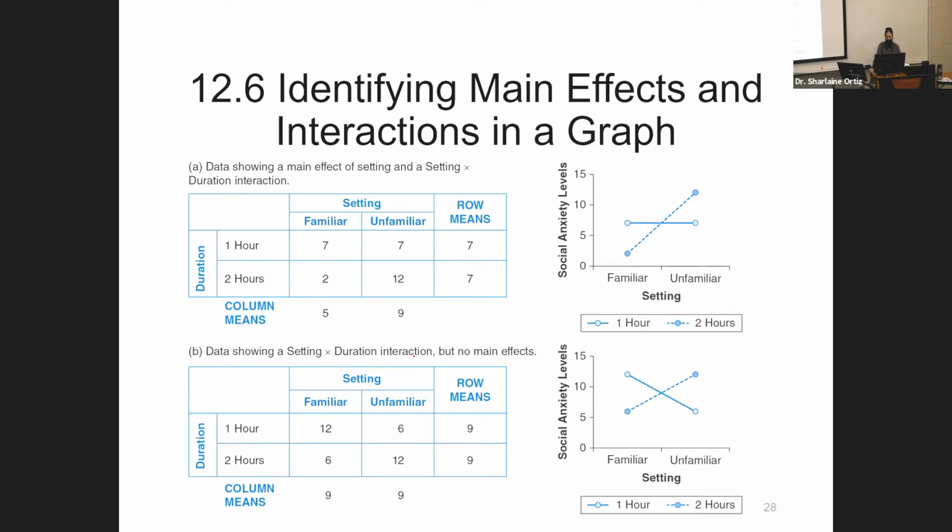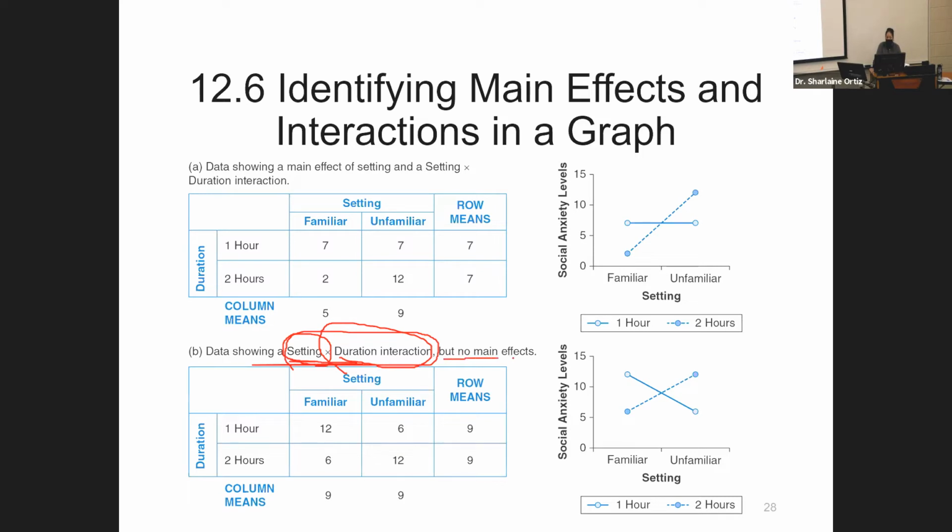Notice that this graph is going to be a little different. And why is that? Well, we are going to see that interaction in both aspects. So we're going to see it both in regards to factor A, which is the setting, and factor B, but we're noting an interaction, not just with the factors as we did before.